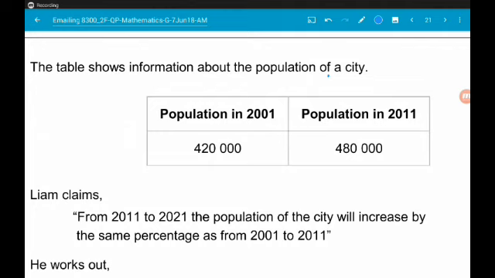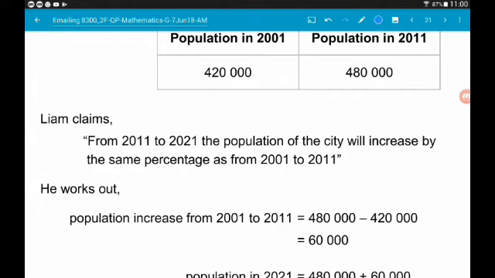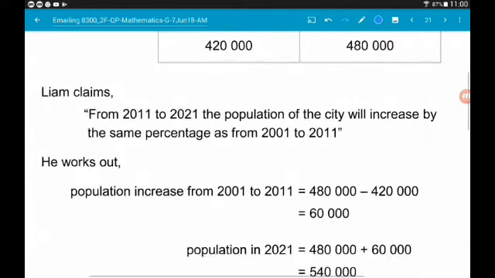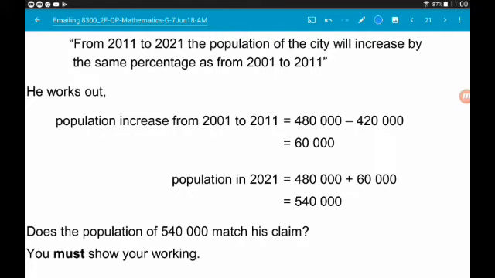Okay, so the table shows information about the population of a city. We've got the population in 2001 and 2011. Liam claims from 2011 to 2021, the population will increase by the same percentage as from 2001 to 2011. He works out the population increase from 2001 to 2011 is 480,000 minus 420,000, which is 60,000.